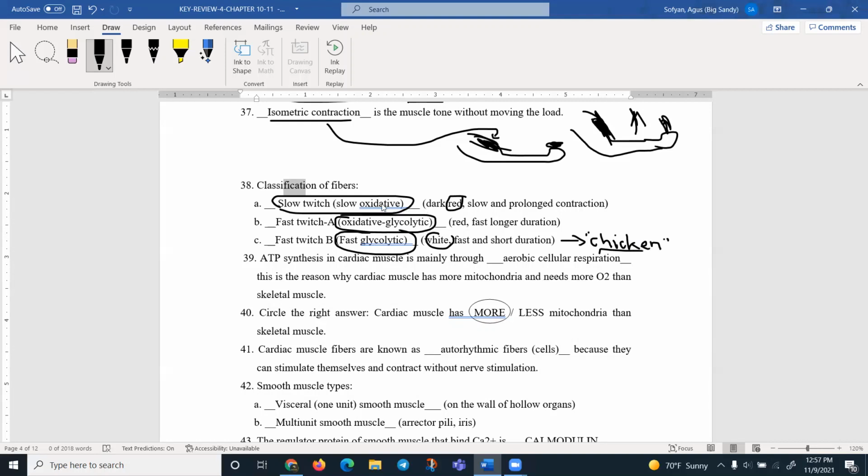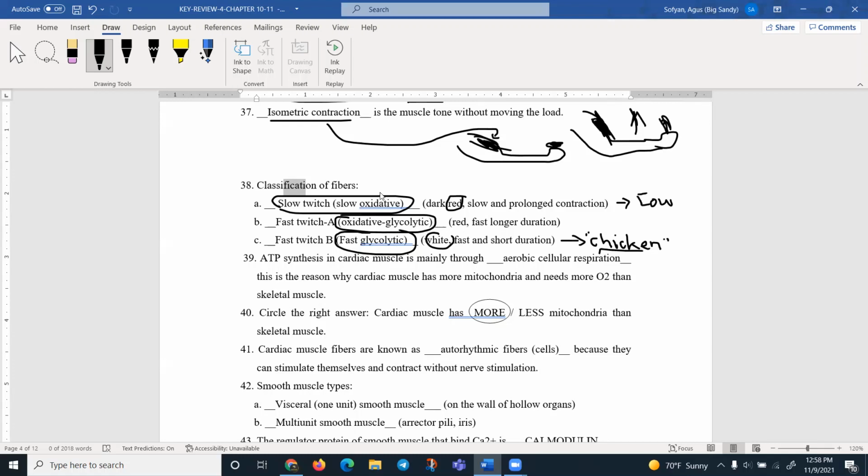The slow twitch, the red meat over here, just say the cow. They are very big. They mostly have red meat, so they move slowly, but they are very strong. They can have longer contraction for a longer time.